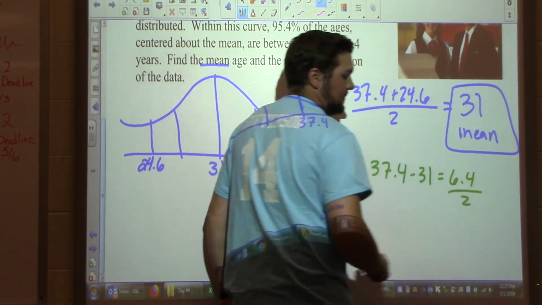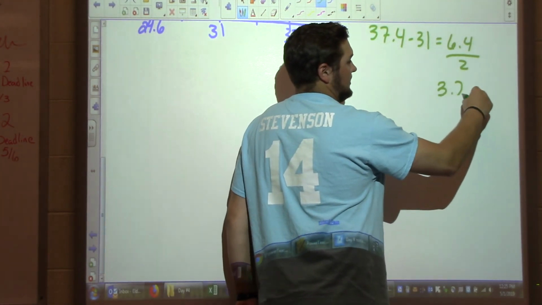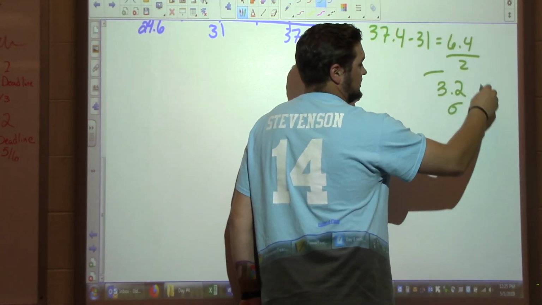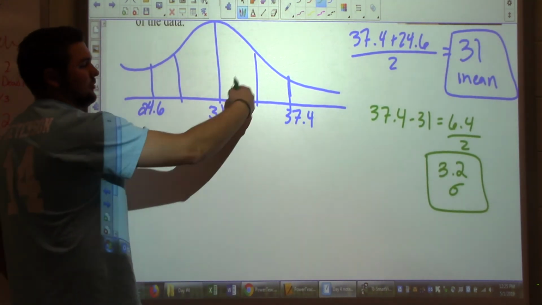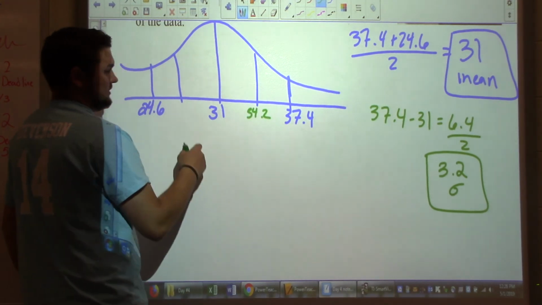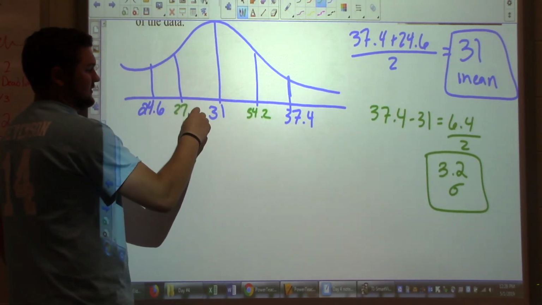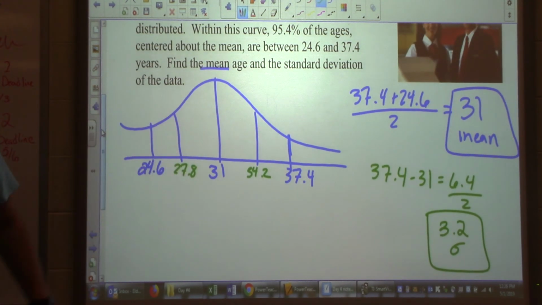And if I divide that by 2, I should get 3.2, which would be my standard deviation. So it's telling me I'm going 3.2 between each one of these. So that put me at 34.2, and 27.8. Alright? So we found our mean, we found our standard deviation.